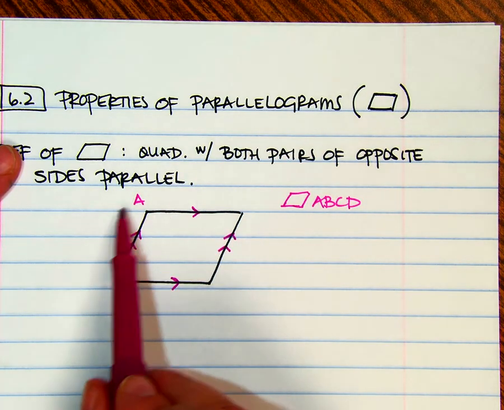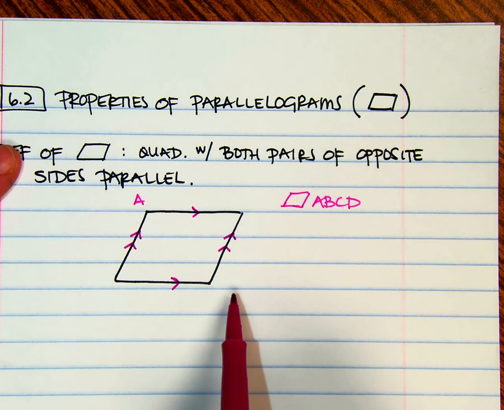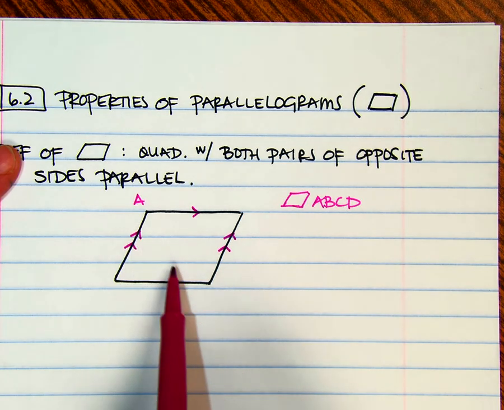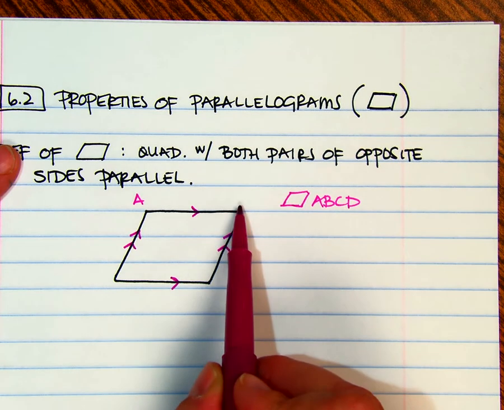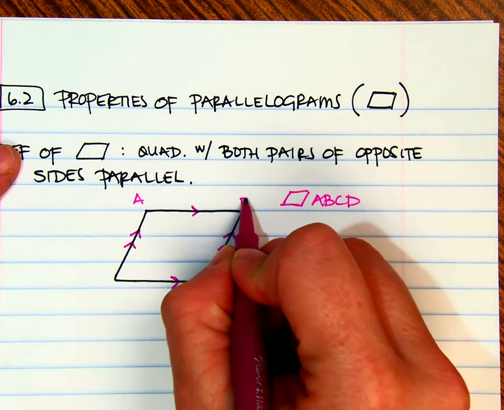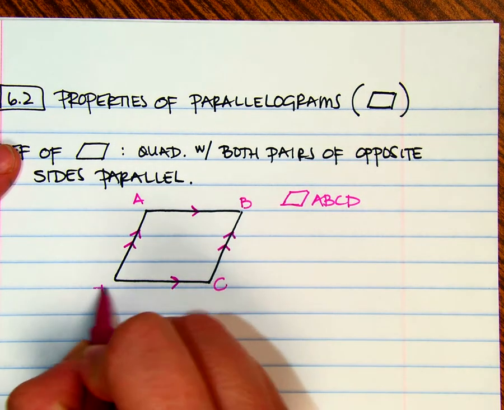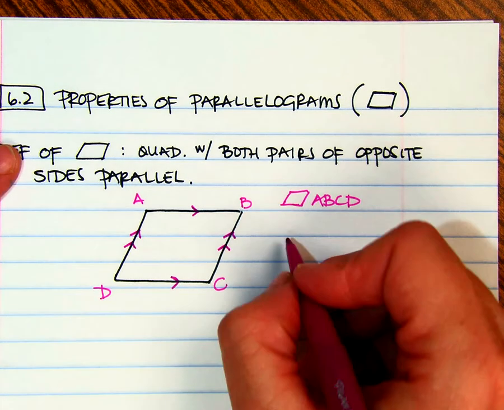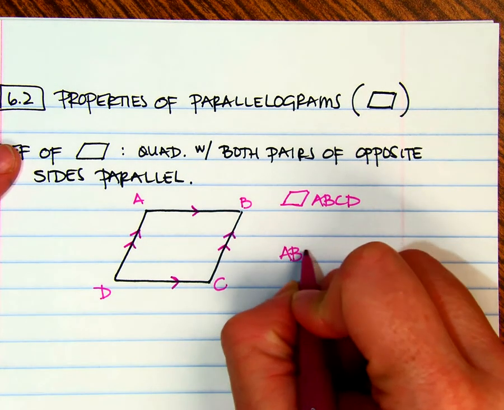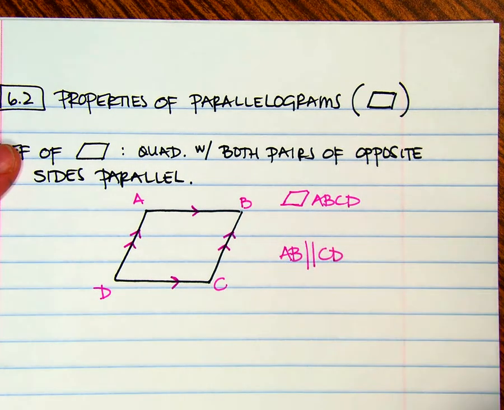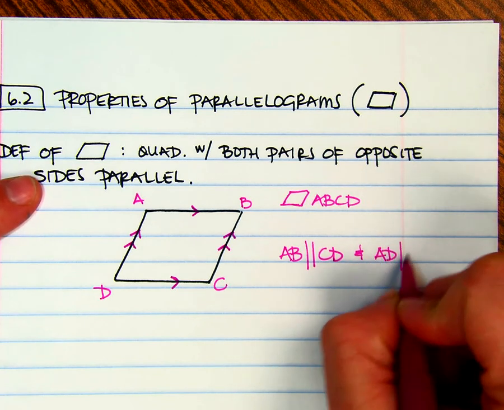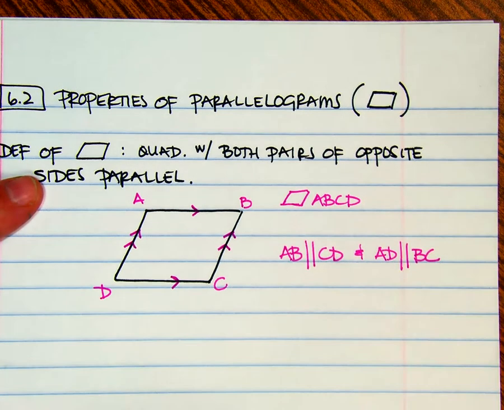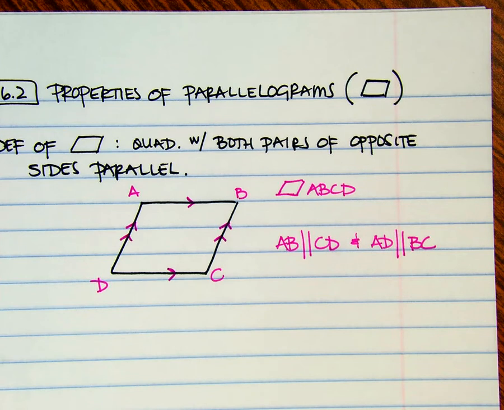So go around the figure. Do not do A, B, C, and then bounce up to D. So A, B, C, D as you walk around it. So I could say that AB is parallel to CD, and that AD is parallel to BC. That is a parallelogram.